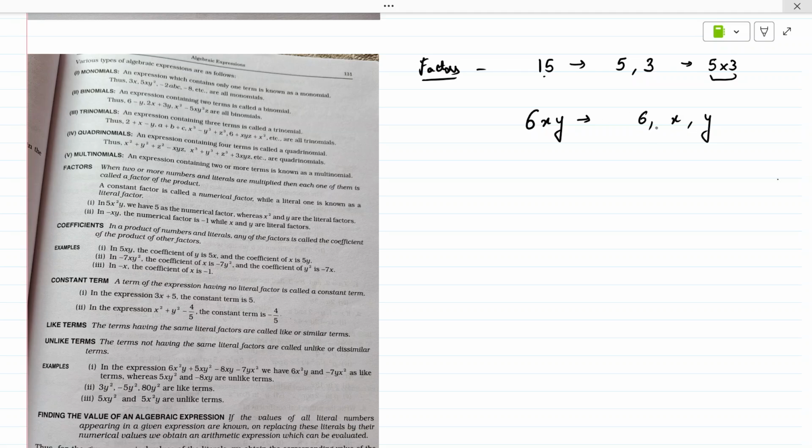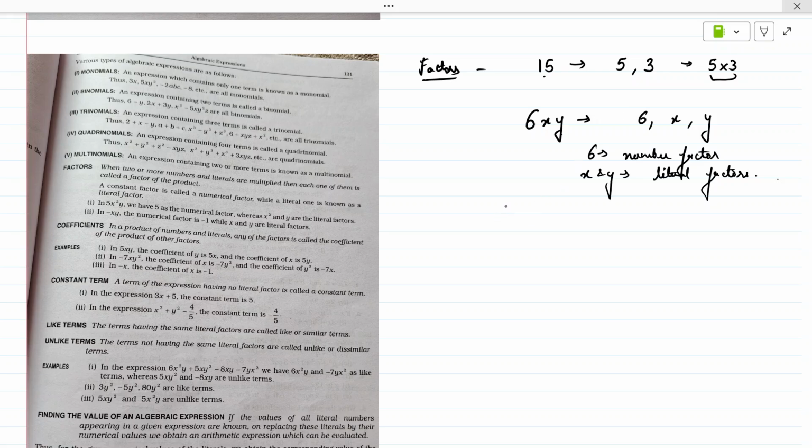So 6, x and y, these three are the factors of this algebraic expression 6xy, where 6 is a number factor, but x and y are the literal factors.